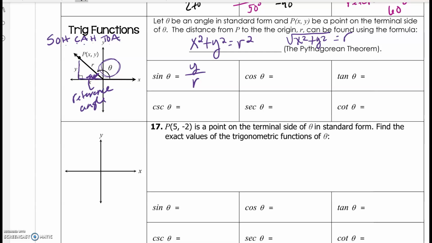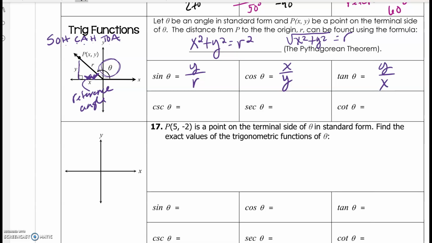So if I want to find the cosine of theta, it is the adjacent side, which in this case is x. And let me move that. There we go. Correct my little arrow there. So x over r. And if I want to find tangent, that's opposite side over adjacent side, so y over x. Cosecant is the reciprocal of sine.